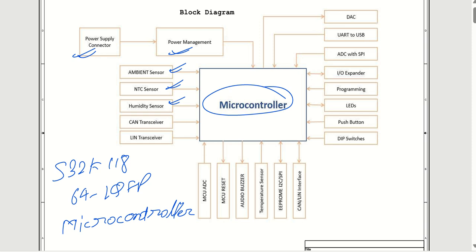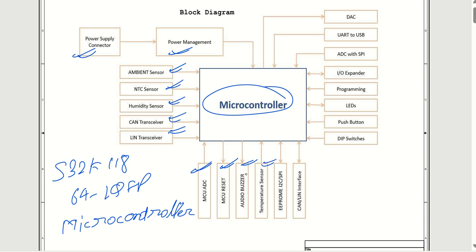Then we have a humidity sensor, which can give you the humidity of the environment. We have a CAN transceiver, LIN transceiver. Then we have microcontroller ADC utilization to measure some voltage levels. We have a reset circuit for the microcontroller. We have given one audio buzzer as well, a magnetic transducer, so that you can use it for audio or alarm purposes.